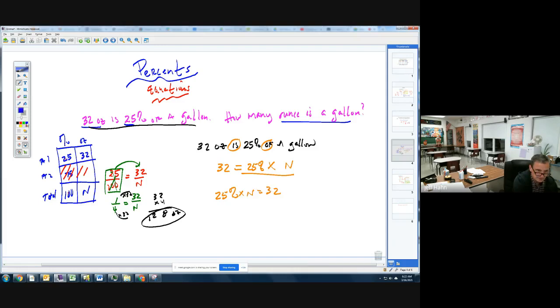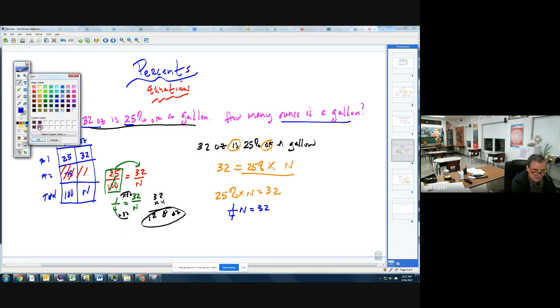Now, the unfortunate thing is this, ladies and gentlemen: when we do math, we don't deal well with percentages, so we want to change them either into decimals or fractions. And in this case, personally, I would change it to a fraction. 1/4 times what number is 32? If you go back in your notes and look at how to solve equations that have fractions in front of them, the rule is flip and multiply.